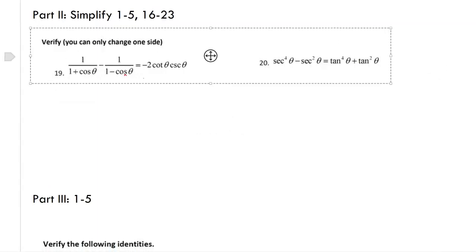Okay, so you can see right here that the left-hand side, I'm going to change the left-hand side because I already know, hey, there's a lot of fractions going on. So what I could do is combine the fractions. So I have 1 over 1 plus cosine of theta minus 1 over 1 minus cosine of theta.